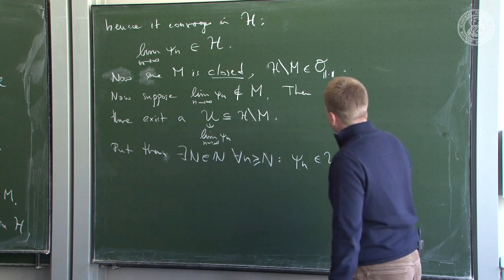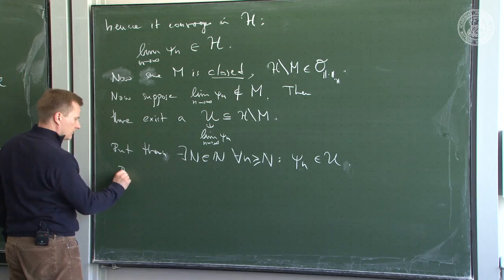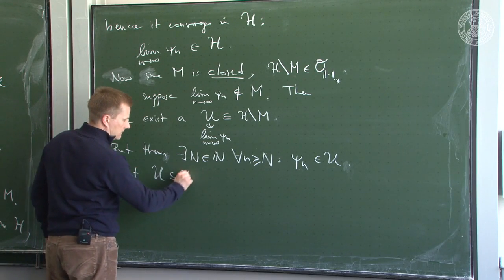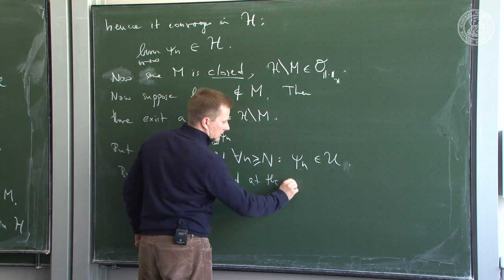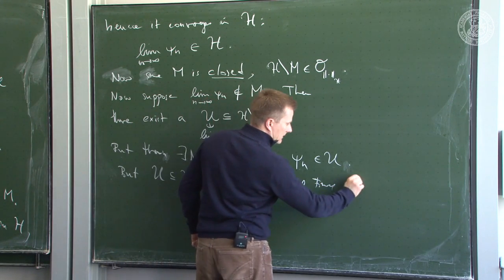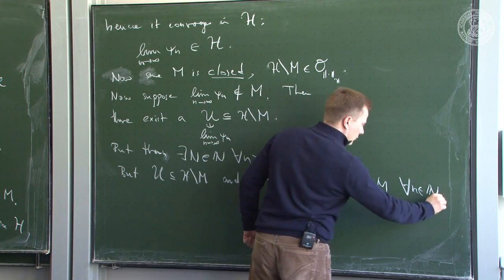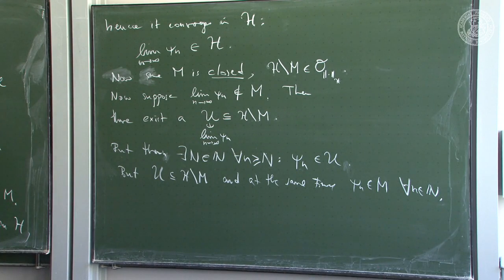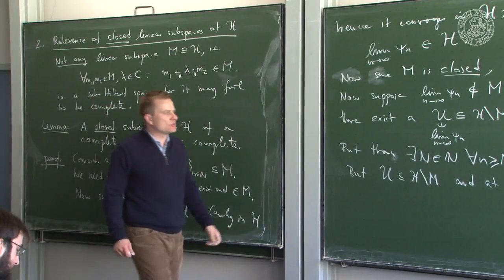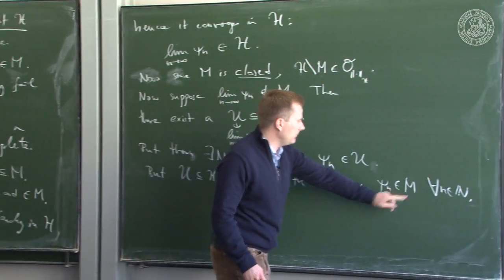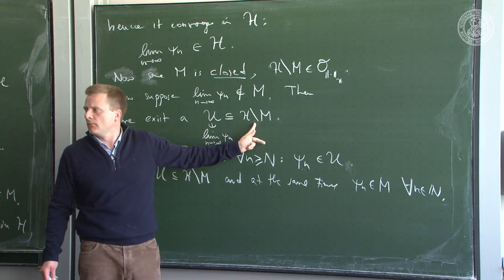But this U lies in H without M. And at the same time, the psi n all lie in M. Why? Well, because the psi n was a Cauchy sequence in M. So it cannot be true that they all lie in M, and from a certain member onwards, they do not lie in M. Contradiction.